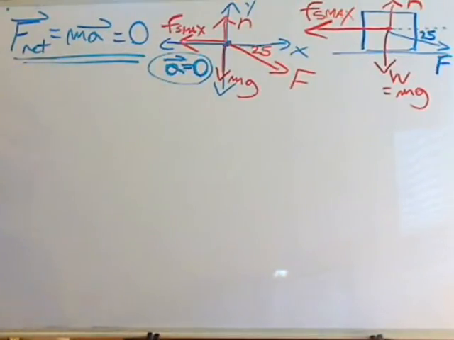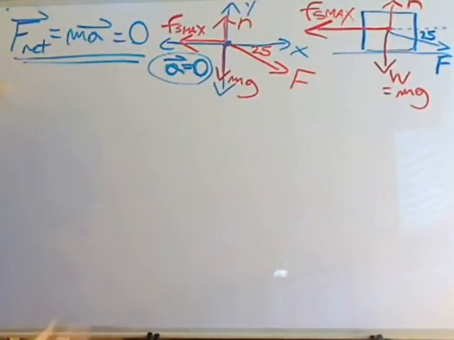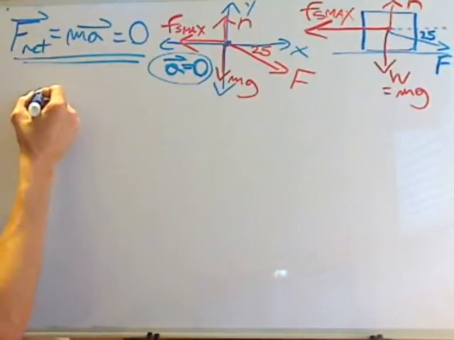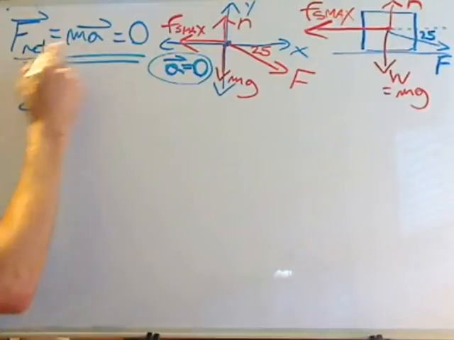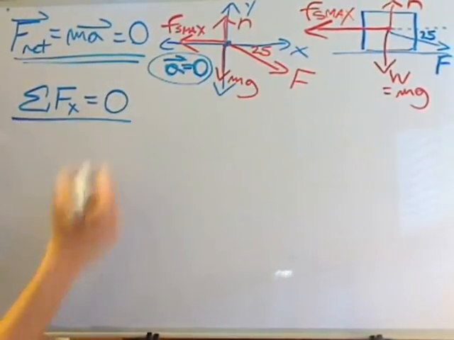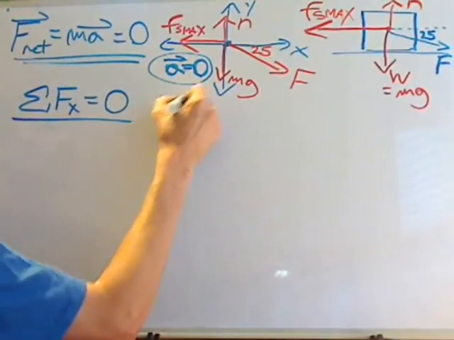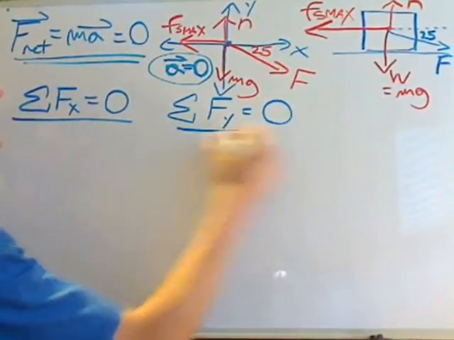So let's go ahead and do that. And remember, this is a two-dimensional situation, so we have to do it for both the x and the y component. So the x forces, since the forces add up to 0, the x forces have to add up to 0. And the y forces have to add up to 0 as well.